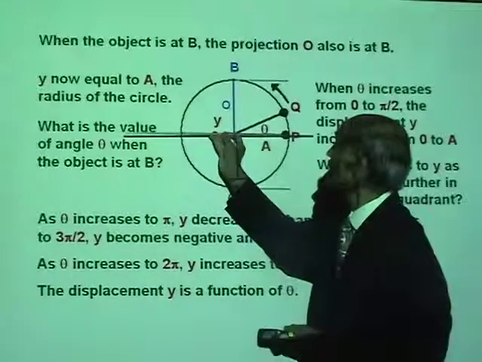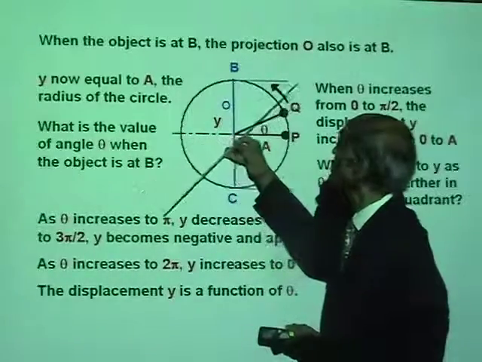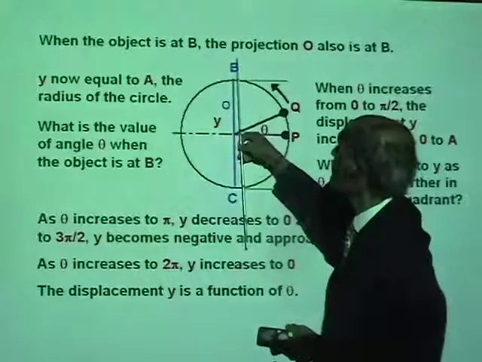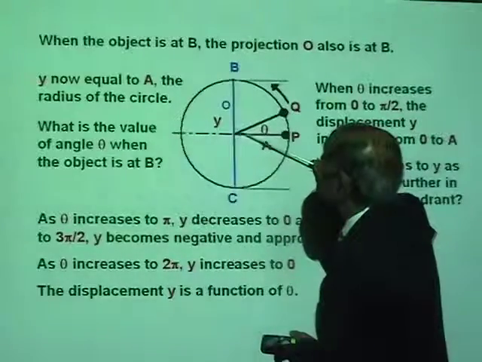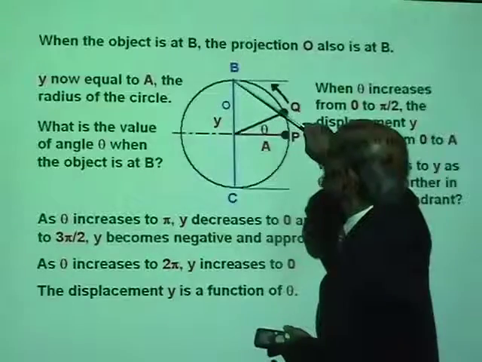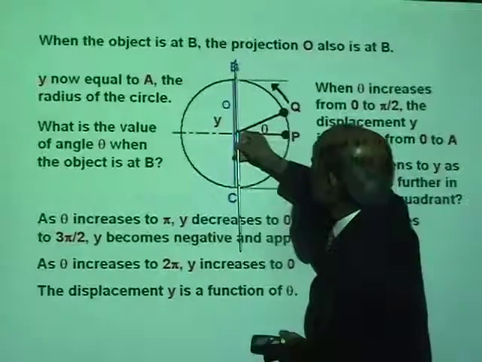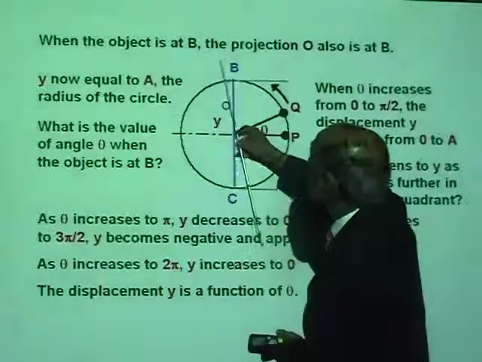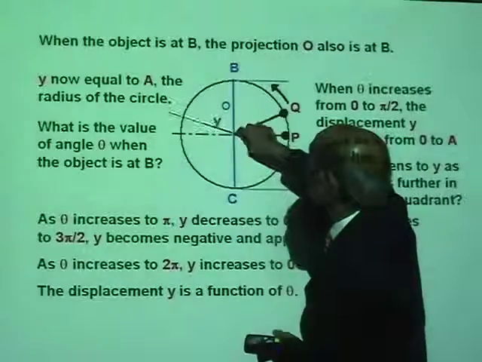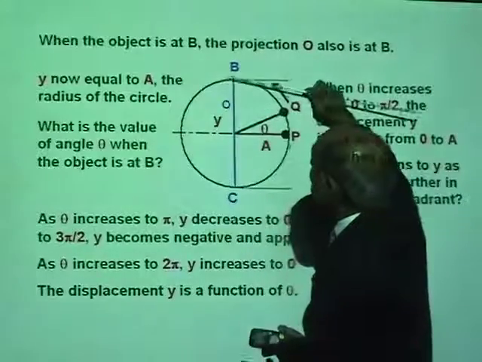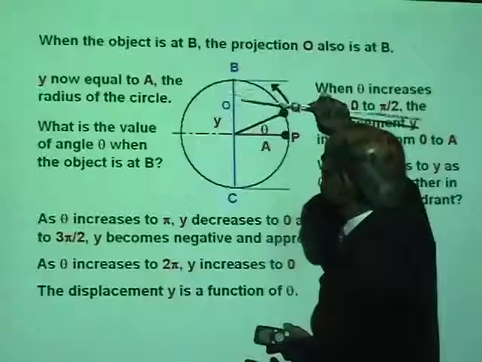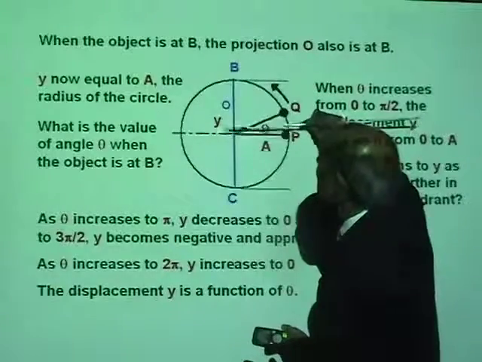As the angle theta increases from 0 to pi by 2, the displacement Y increases from 0 to A. And as the angle increases from pi by 2 to pi, the displacement decreases from A to 0.